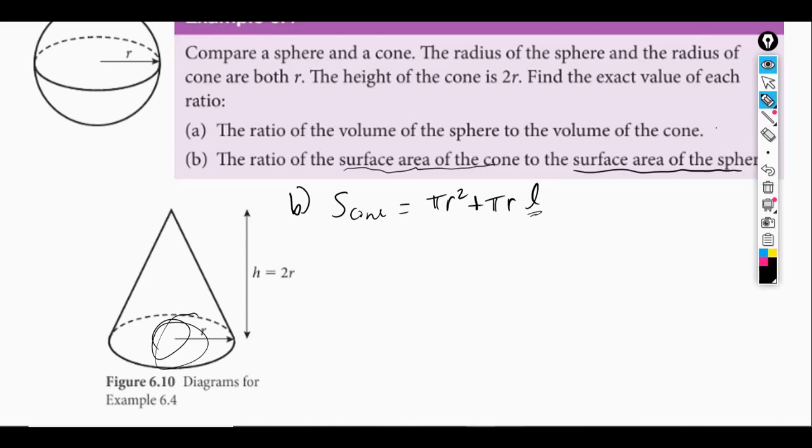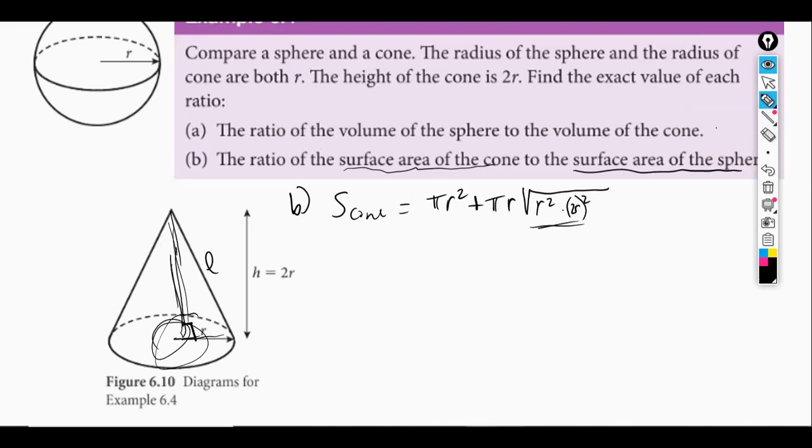But notice that because this is the height here, and the base of this right triangle is r, we have that L, the slanted height, is actually equal to the square root of h squared plus r squared, which is the Pythagorean theorem. So let's substitute that there for a second. And let's rewrite it as square root of r squared plus h squared. But again, h is equal to 2r, so I can substitute h for 2r, and that would then be 2r squared.